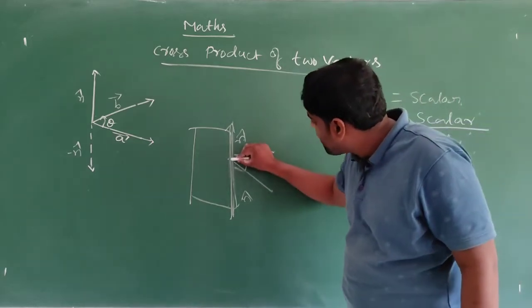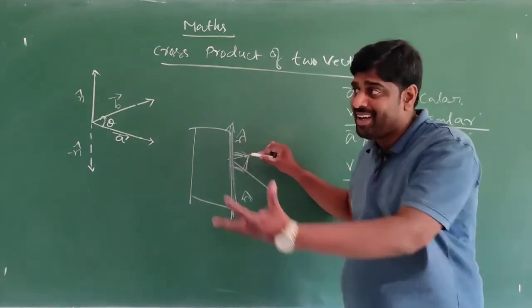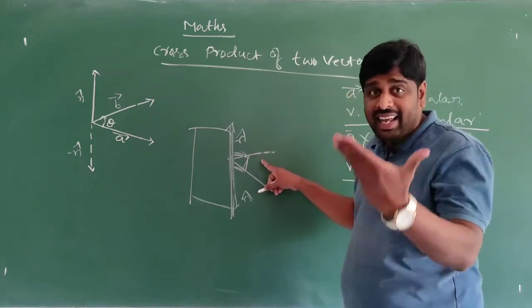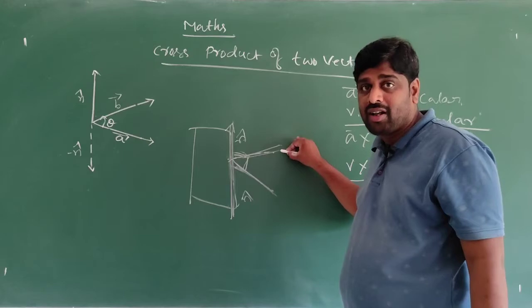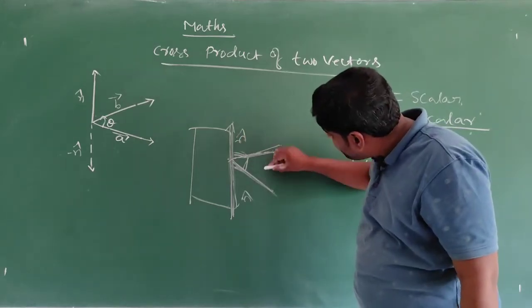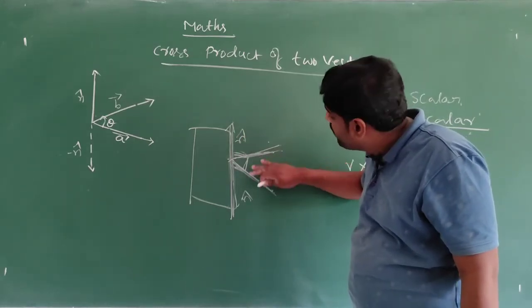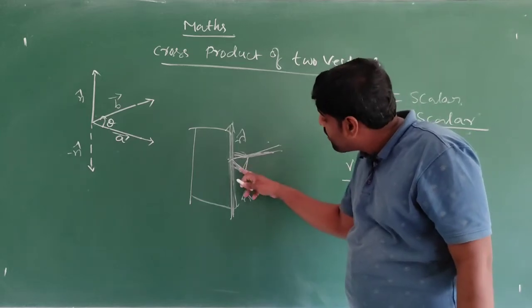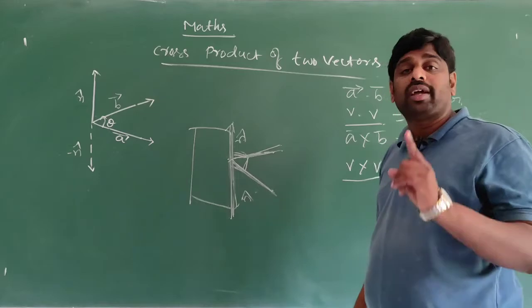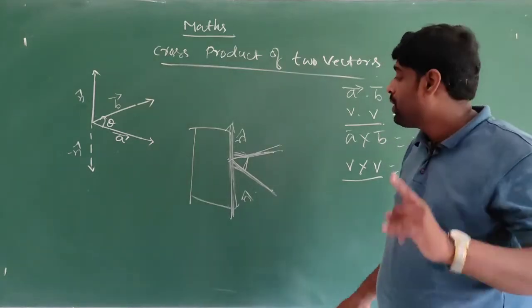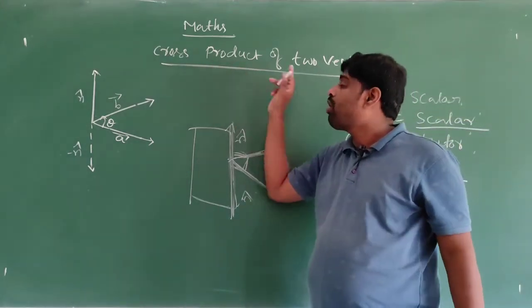Now this is the handle on the door. Here, this is a vector, a bar, and this is b bar. These two vectors have rotational motion. When rotational motion is happening, you get a cross product of vectors.